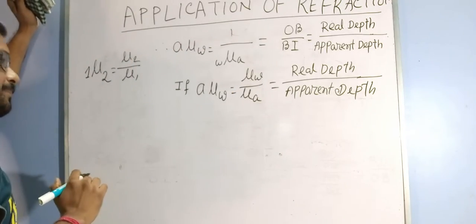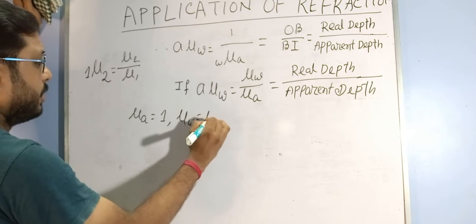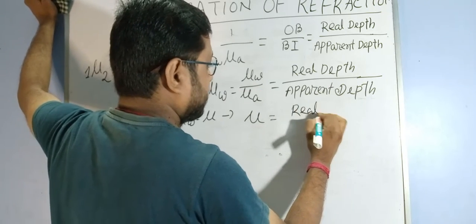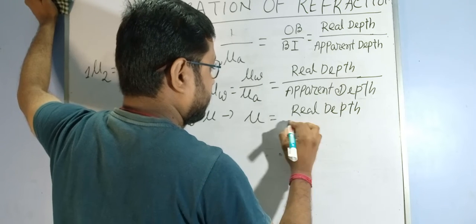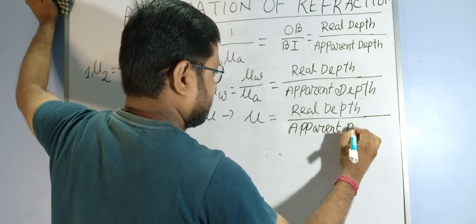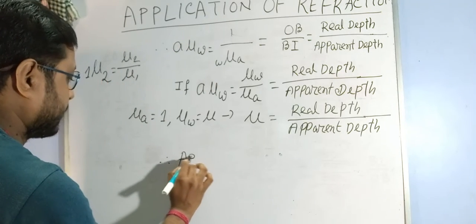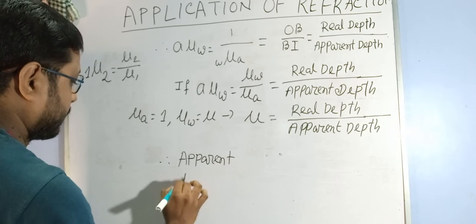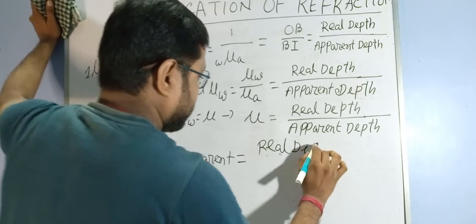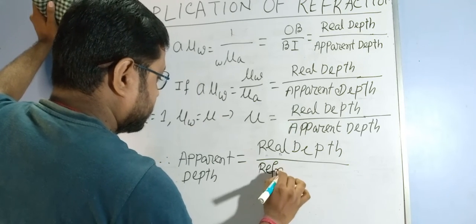Now, if we take mu A equal to 1 and mu W equal to mu only, then mu equal to real depth by apparent depth, or apparent depth equal to real depth by mu, that is the refractive index.